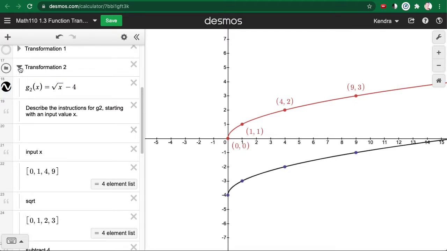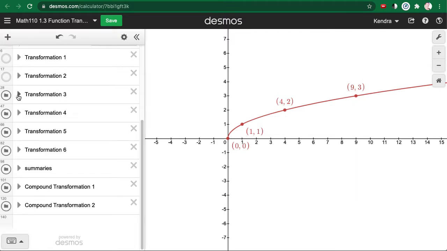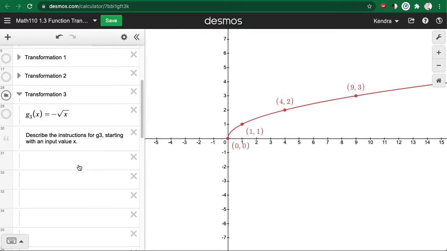All right, next transformation. So this function is, you put in your input, you square root that input, and then you take the negative of that number.